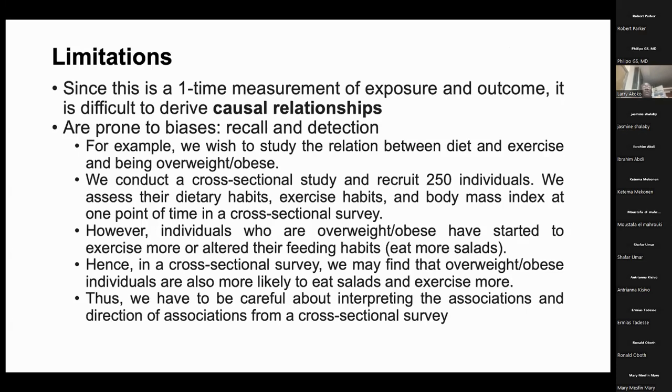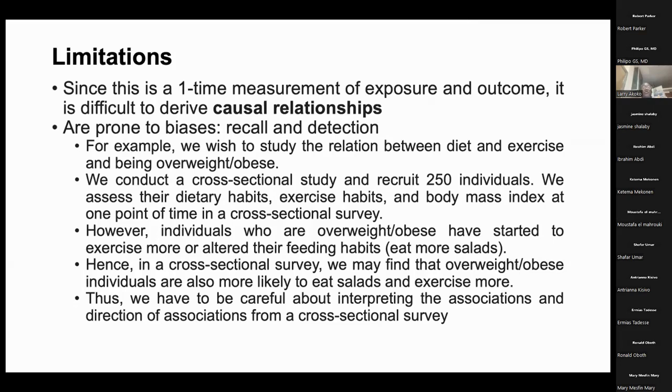For example, we wish to study the relationship between diet and exercise and being overweight or obese as measured by BMI. So we conduct a cross-sectional study and we recruit 250 individuals, maybe from MD1 class. We assess their dietary habits, we look at their exercise habits, and we take measurements on their body mass index at one point of time in a cross-sectional survey.